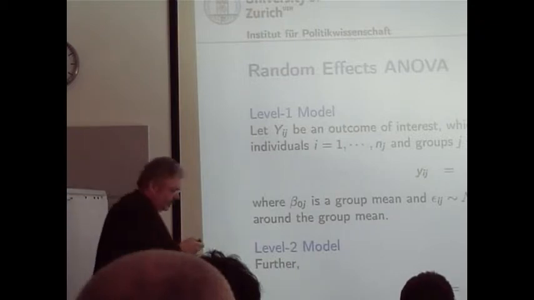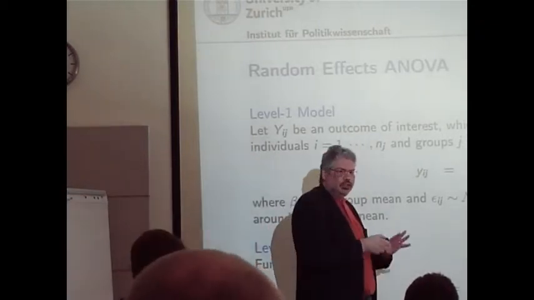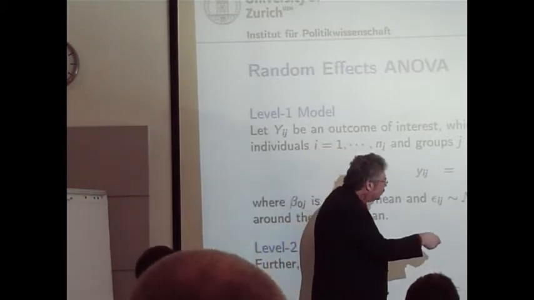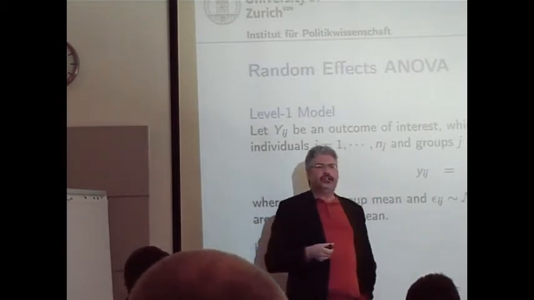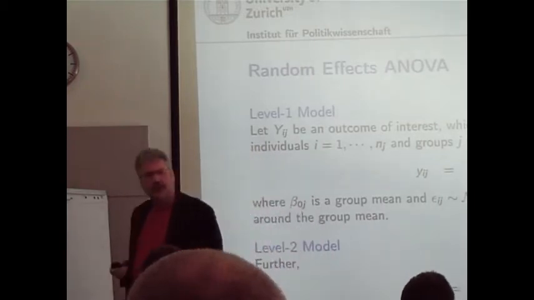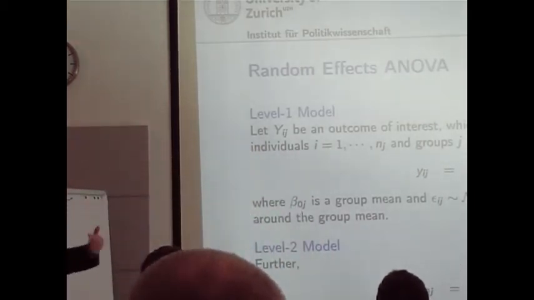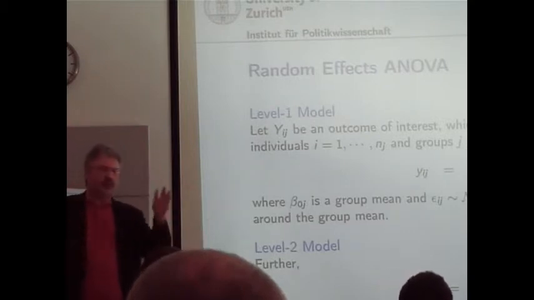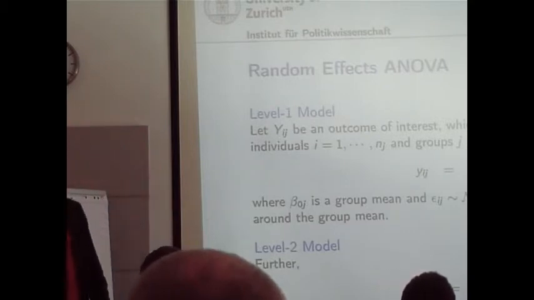And notice, and this is something that you could relax but I will not play with, I did not put a subscript j on the sigma squared. I assume that this individual variation across the observations is the same from one group to the next. Psychologists would call that homogeneity of variance.